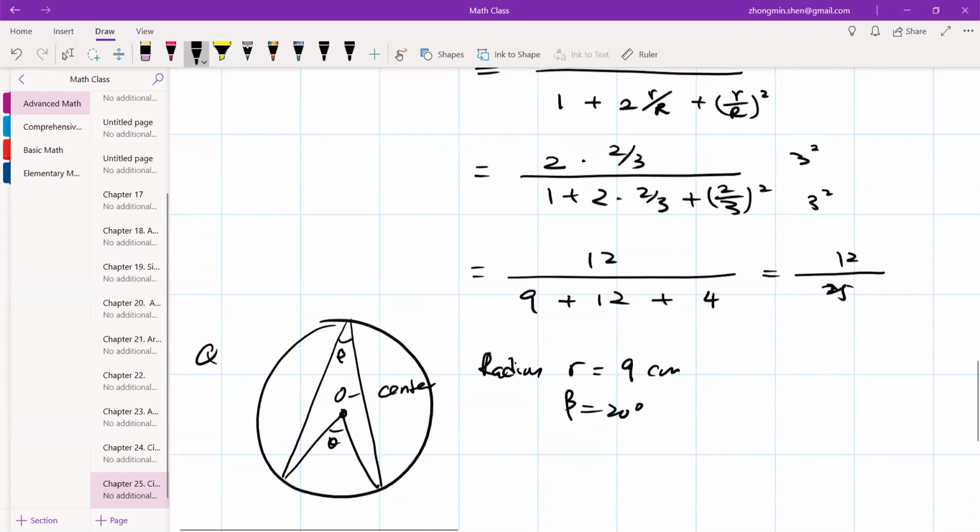What do we have to find out? We have to find out the area of the sector enclosed by OR. Okay, find the area of this sector.